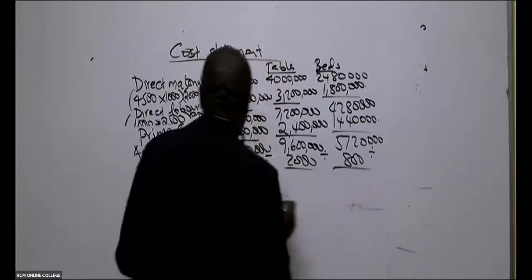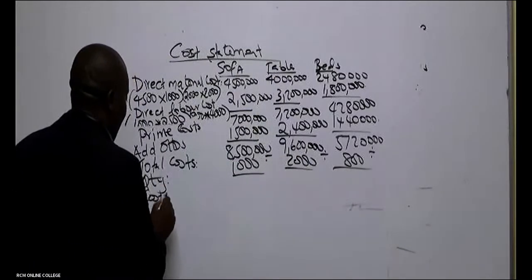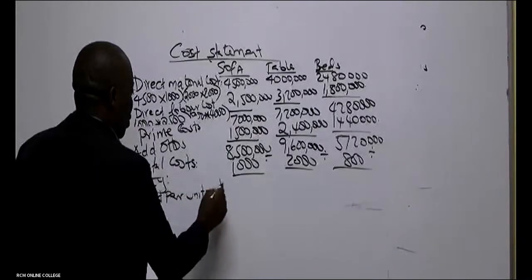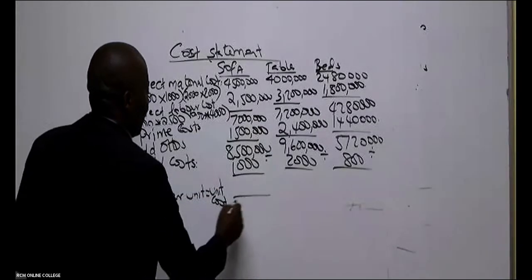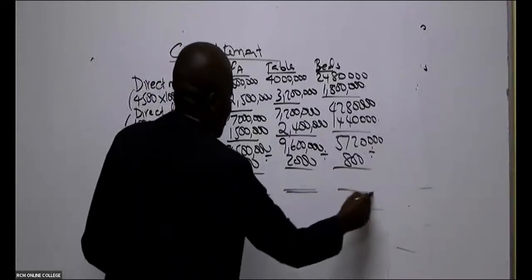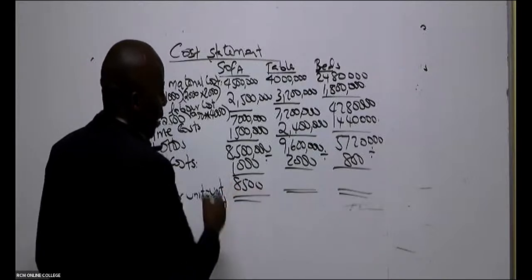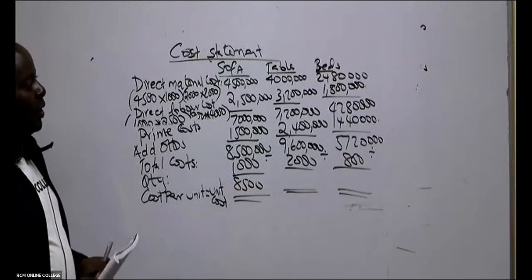So doing that, will you be able to give me cost per unit, what they are calling unit cost? We are dividing, remember. The first one will be 8,500.